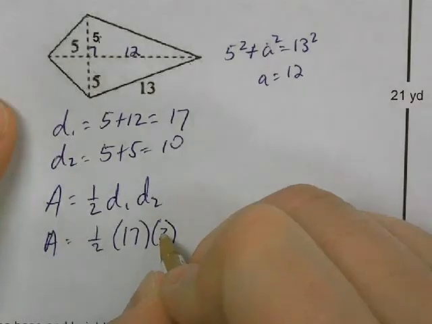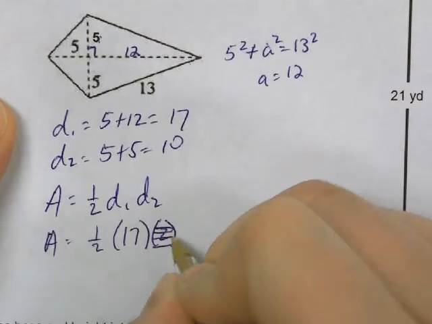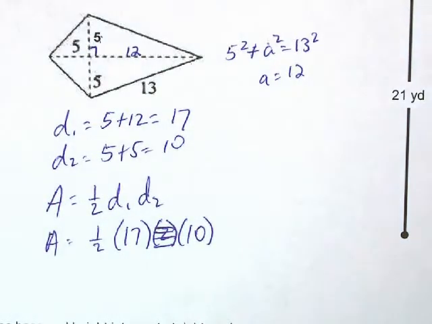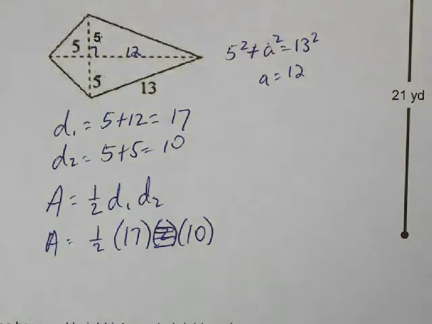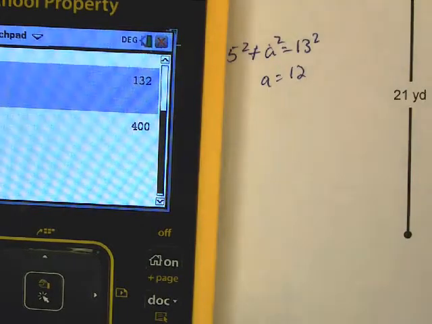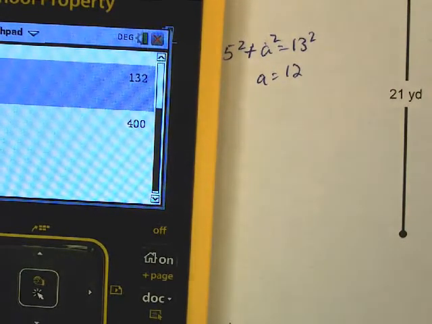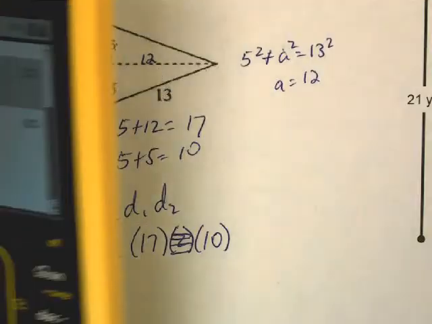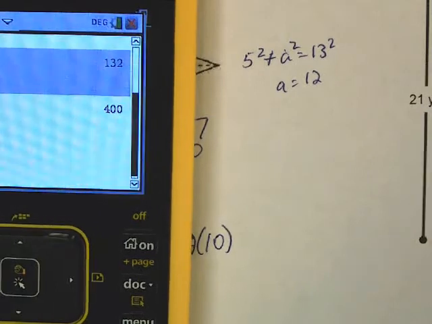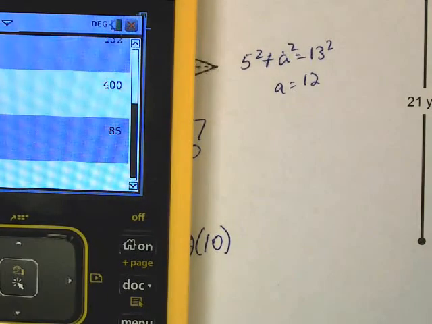I wrote 2, but what I meant to write was 10. Easy fix. So we type that in. 1/2, control divide 1 over 2. Let's see, 17, in parentheses, and then parentheses 10. And we get 85.